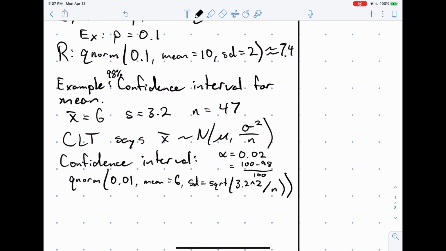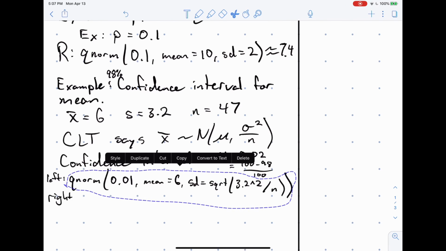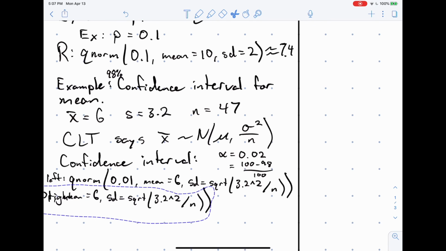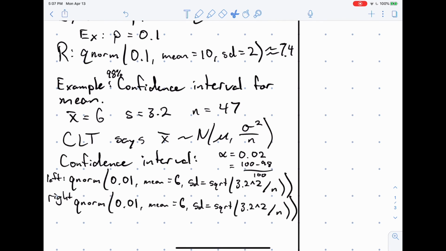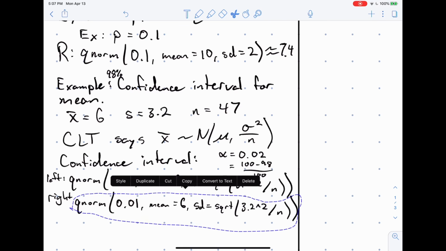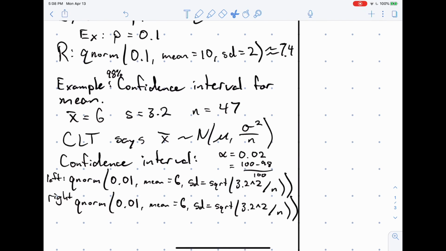So that's your left-hand side. Here's your right-hand side. It's almost the same thing. All the parameters of the distribution are the same.